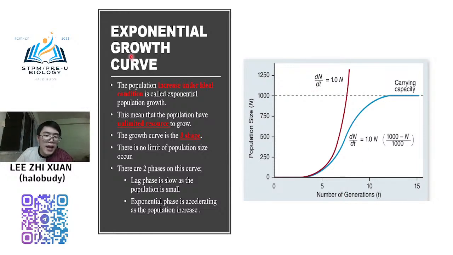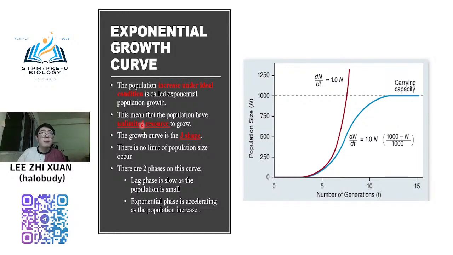So why is it like that? Normally the exponential curve, the J-shaped curve, only occurs under ideal conditions. Ideal condition means perfect condition, with totally no restriction at all. No prey, no predator, and our environment is very suitable. And the most important is unlimited resources. The resources are unlimited, meaning the space, the area to survive, and the food and water, and also the oxygen, all of this in the environment is unlimited.